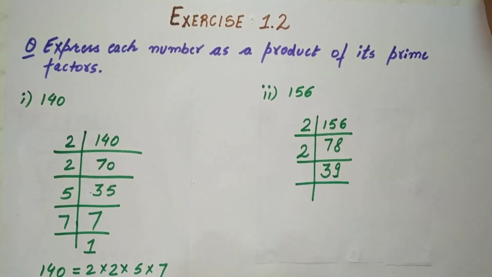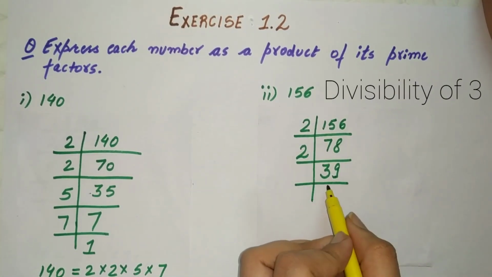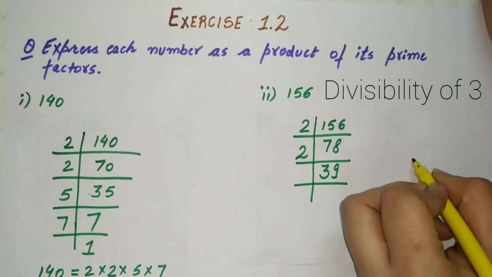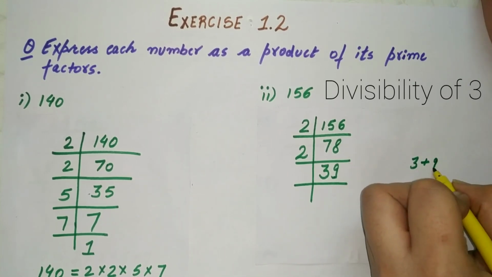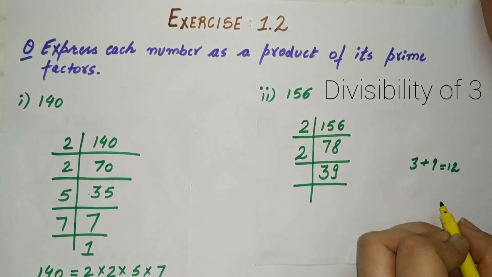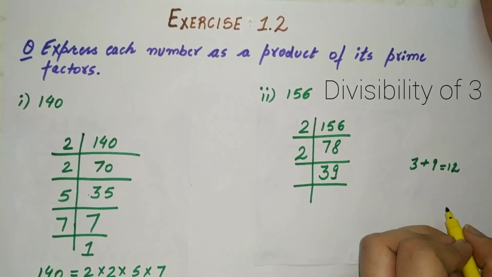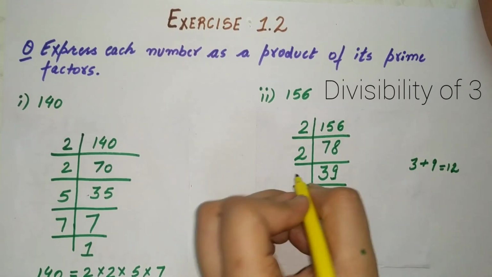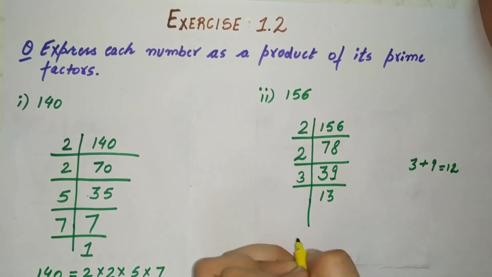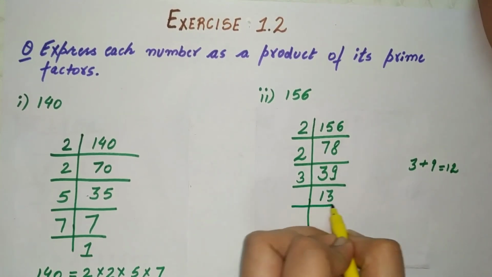78 divided by 2 is equal to 39. Now 39 is divisible by 3 because the sum of digits of 39 is divisible by 3. What I mean is 3 plus 9 is equal to 12, and 12 is divisible by 3. Thus, 39 is also divisible by 3. And 13 is a prime number.